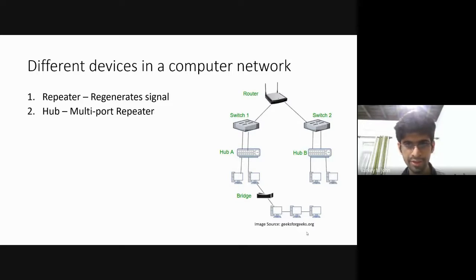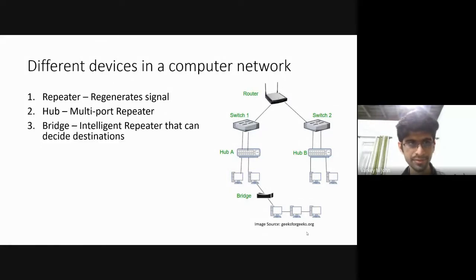It uses multiple ports to connect multiple devices, and then it regenerates multiple signals. Then there is the bridge, which is an intelligent repeater that can direct signals to a particular destination, from this network to that network.